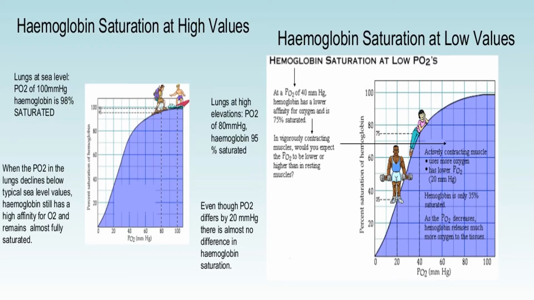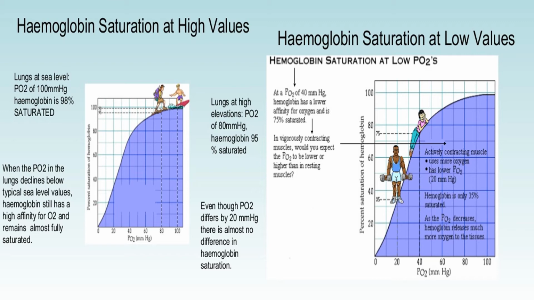So, let us consider the hemoglobin saturation at high altitudes. For the lungs at sea level, the partial pressure of oxygen is 100 mm of Hg, and there is 98% saturation. When the partial pressure in the lung declines below sea level, the hemoglobin still has affinity for oxygen and almost remains fully saturated.